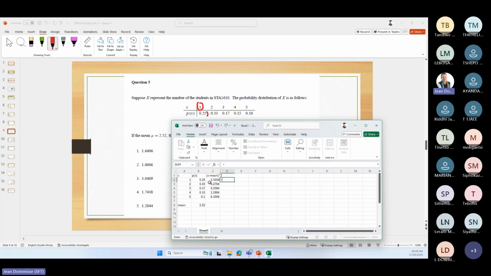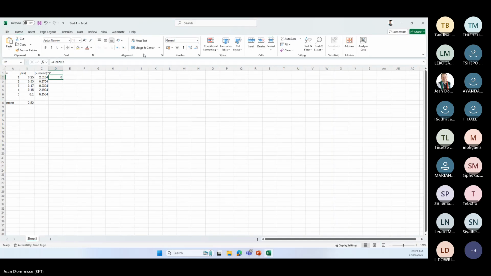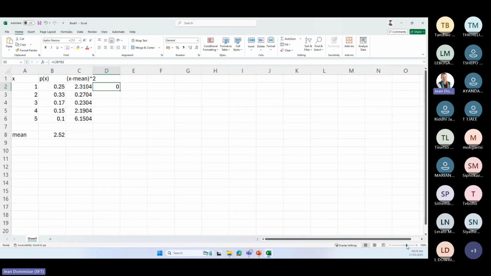So now we're going to multiply it by the probability. Bigger for you guys to see. So there is for all 5 of them, and then we will just add it together.